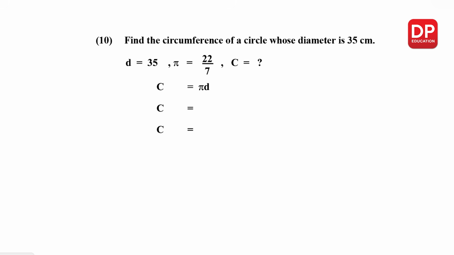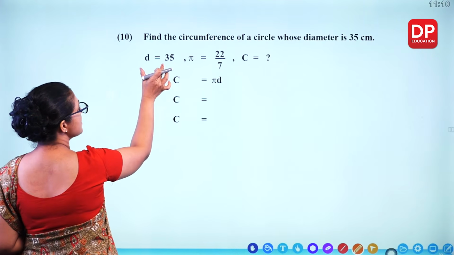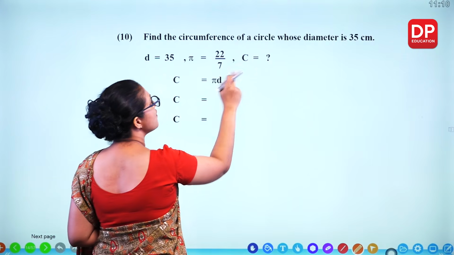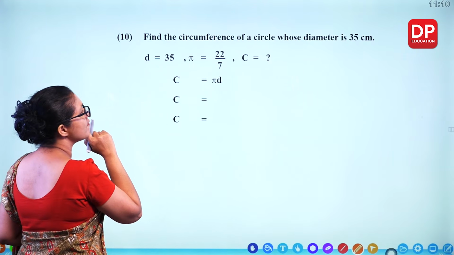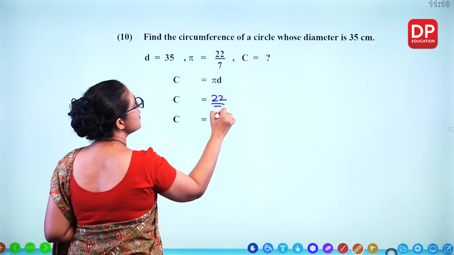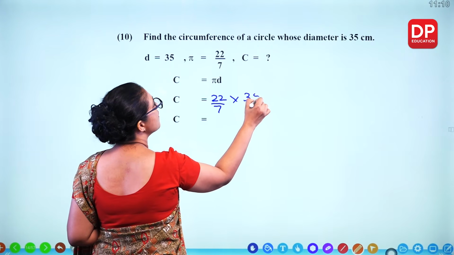Find the circumference of a circle whose diameter is 35 now. Still the diameter. Diameter is 35. Pi we can take 22 over 7. You are asked to find out the circumference. Use the pi d formula. 22 over 7 and 35.